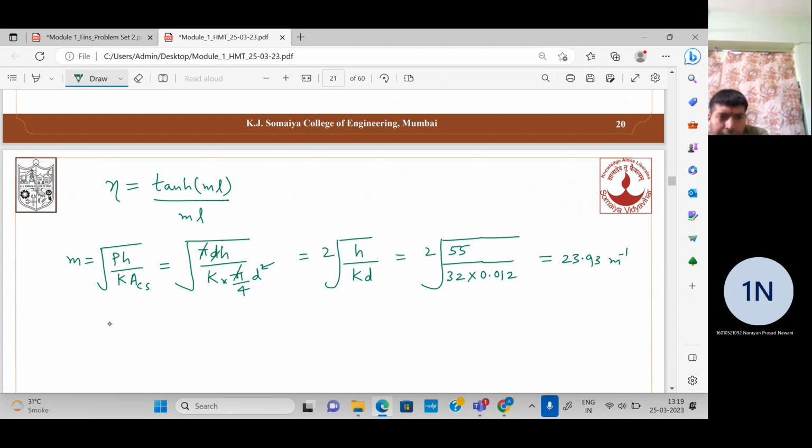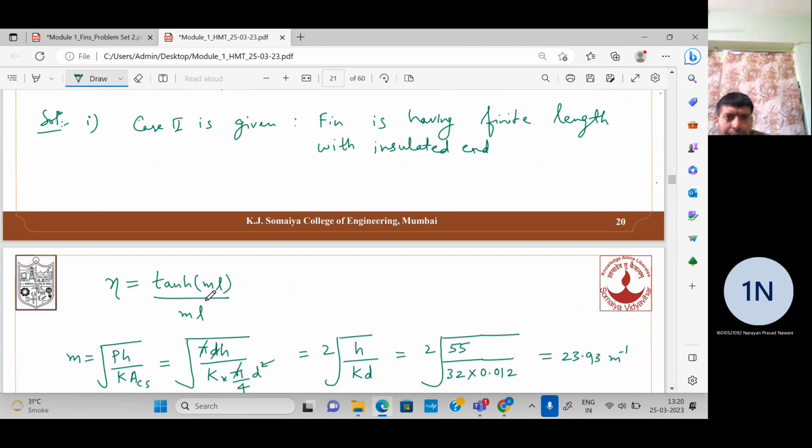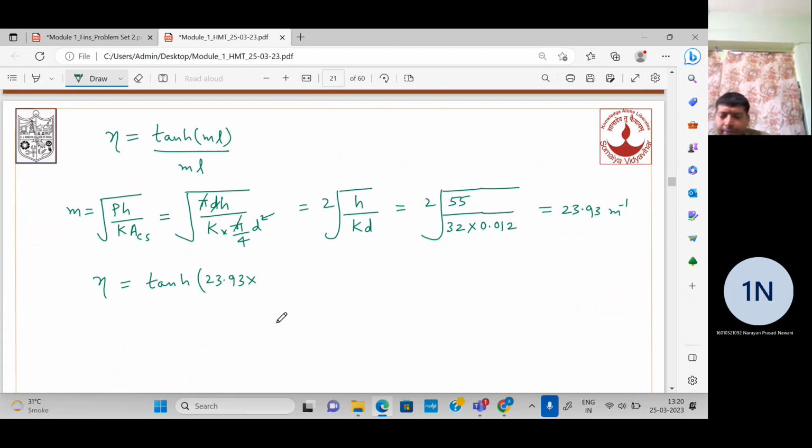Now you calculate the fin efficiency. So it is equal to tanh(mL) divided by mL. M is 23.93 into L. The value of L given is 60 mm long, so it will be equal to 0.06 meters.